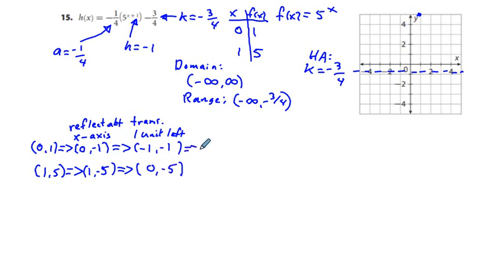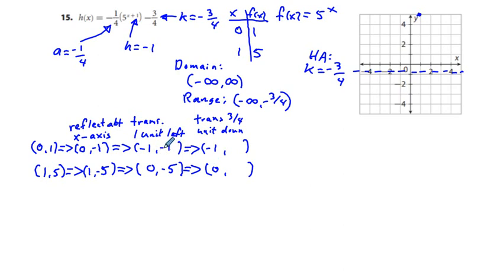Okay, the next thing we're going to do is translate down 3/4 of a unit. So translate 3/4 of a unit down. What we have here is we keep the x values in place and we subtract 3/4 from these y values.